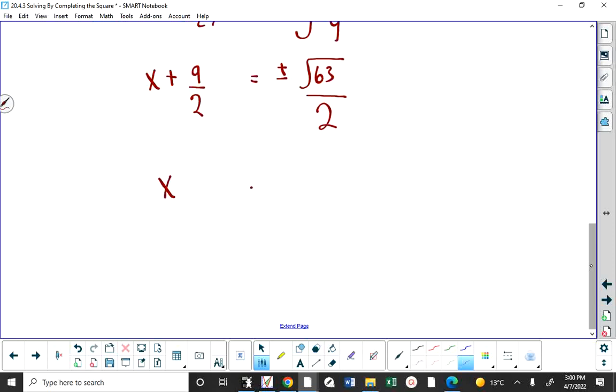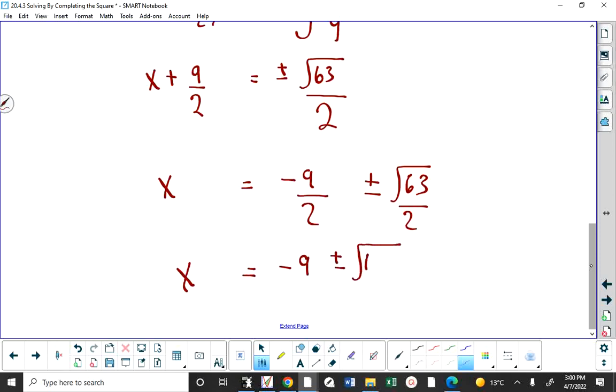So this will be x equals, I'm going to subtract 9 halves. So x will equal negative 9 plus or minus root 63 all over 2.